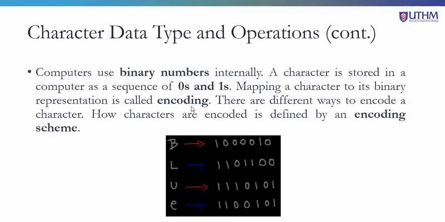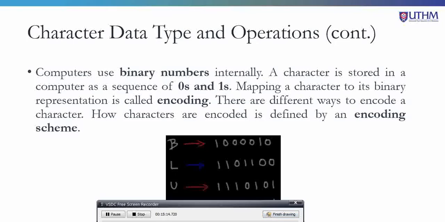Mapping a character to its binary representation is called encoding. Translating this character B into binary, the process is called encoding. So there are different ways to encode a character. How characters are encoded is defined by an encoding scheme.